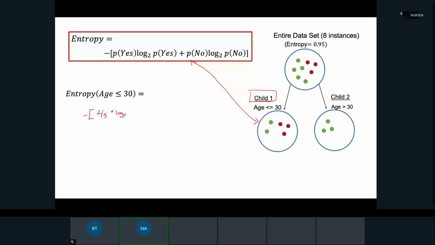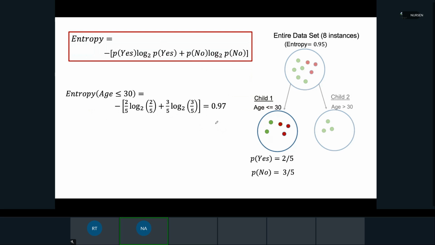Times logarithm 2, 2 over 5, plus we have 3 no cases, 3 over 5 times logarithm 2, 3 over 5. When we make this calculation, entropy is 0.97, which is what we expect, right?